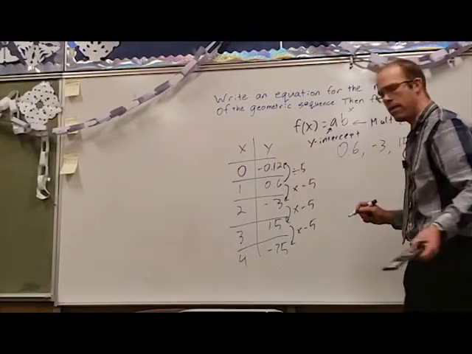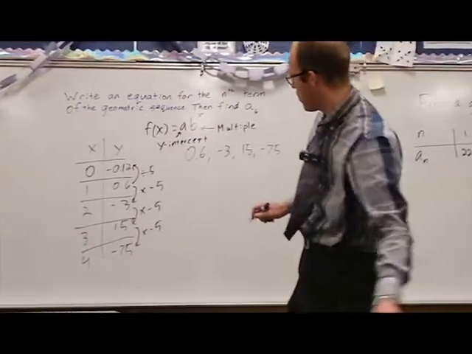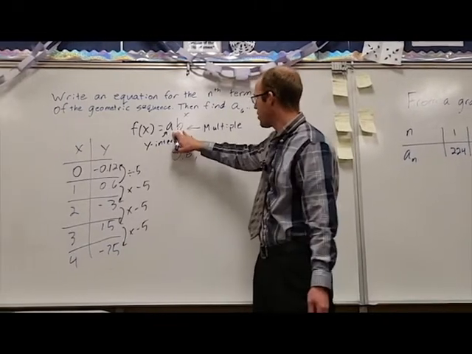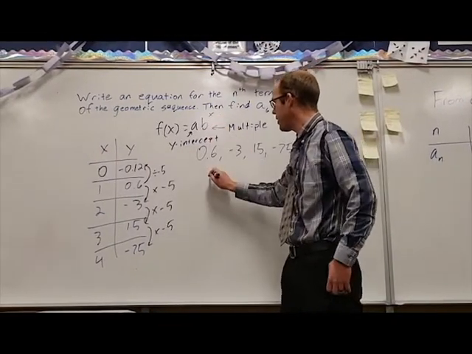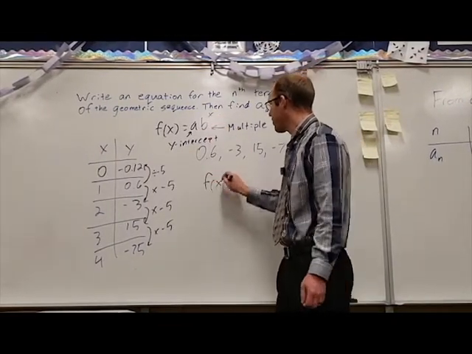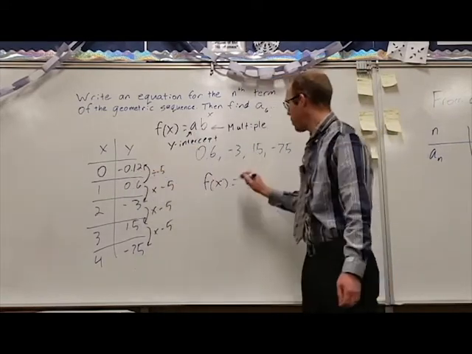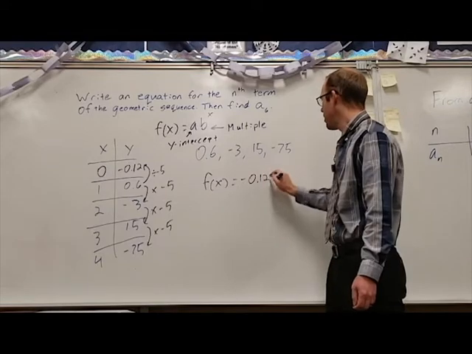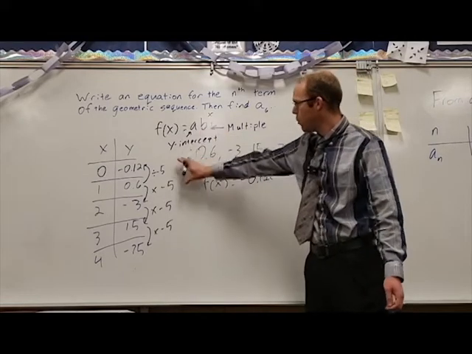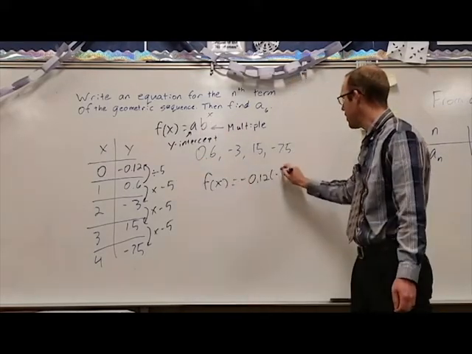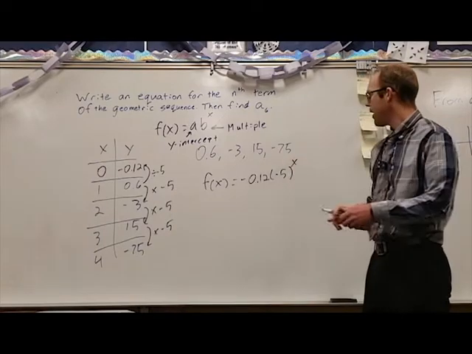You may write that in decimal form or in fraction form. Either one will work. So that gives us our y-intercept and our multiple. Let's put it together. We get f of x equals our y-intercept, which is negative 0.12, times our multiple, which is -5 to the power of x.